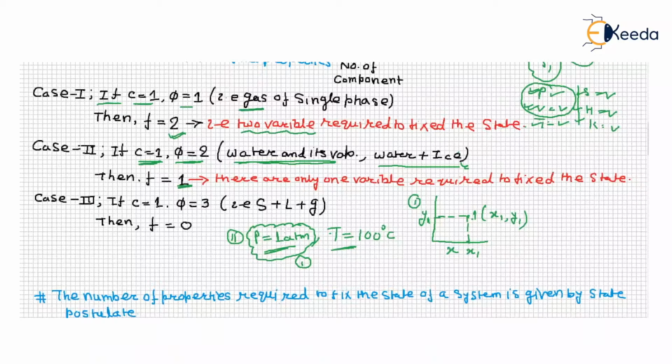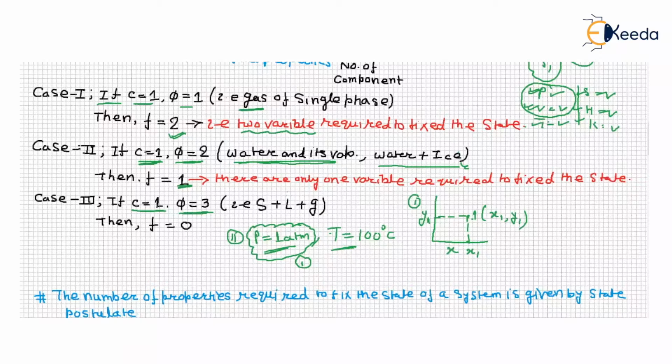Third, if you look at a single component and three phase system, that means single component, solid, liquid and gas. Single component H2O: H2O in the form of solid, liquid, and gas.